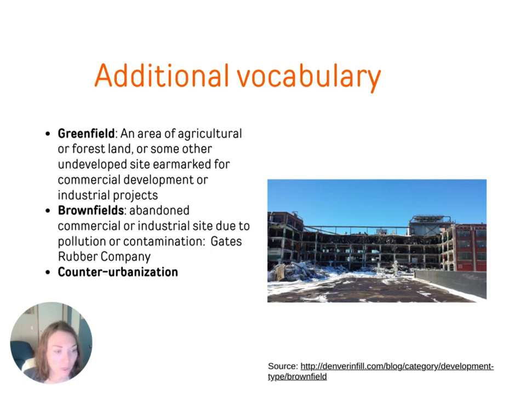The Gates Rubber Company is a good example. And counter-urbanization, you're going to find this as more of an economically developed country phenomenon where people move from the city out to the country. I think I'm a good example of that because I lived in Denver, kind of urban, a long time, and then I moved out to the countryside of North Carolina at a certain point. So that would be considered counter-urbanization.